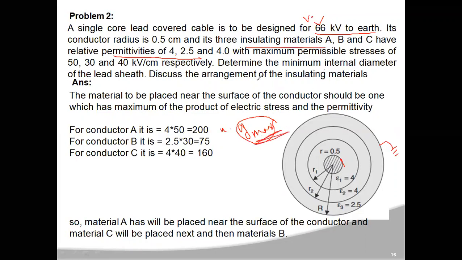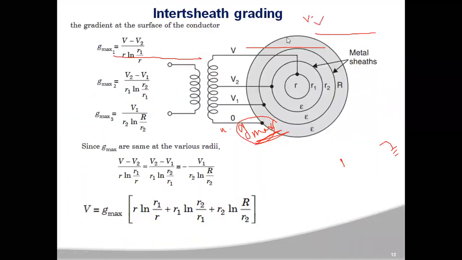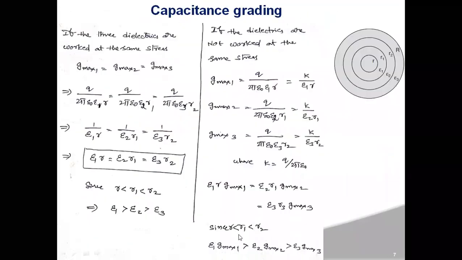So what do you have to consider? According to our previous discussion, as you have three insulating materials, which material do you place next to the conductor, and then which after that? That will be known from this condition.